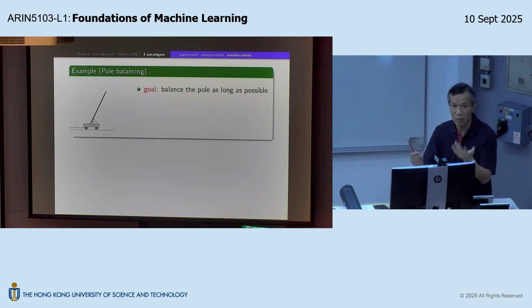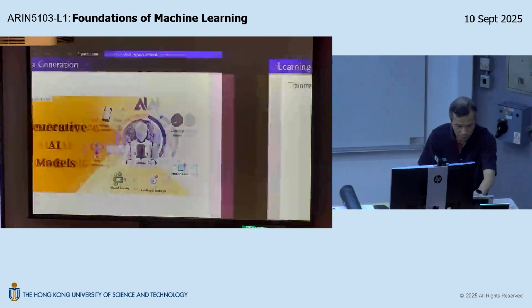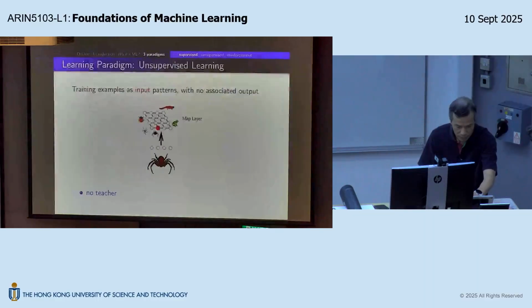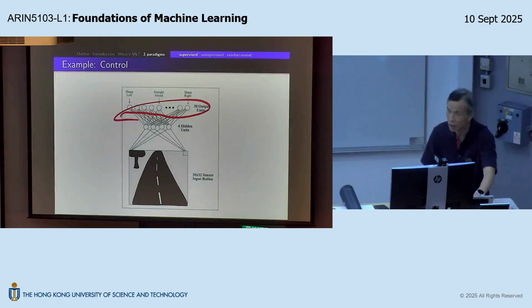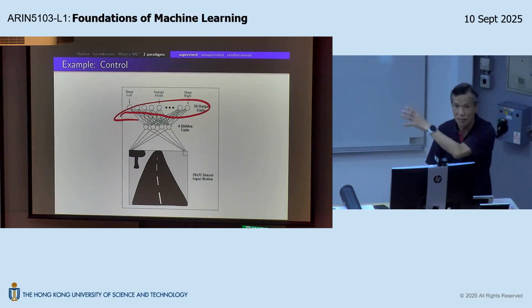So in autonomous driving, we talked about this last time. You look at the image that you capture from your camera, so this is the current road condition, and then you have to determine the steering direction.